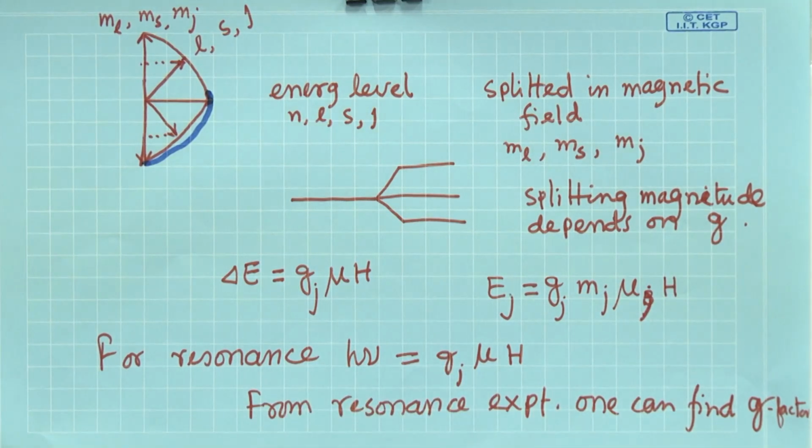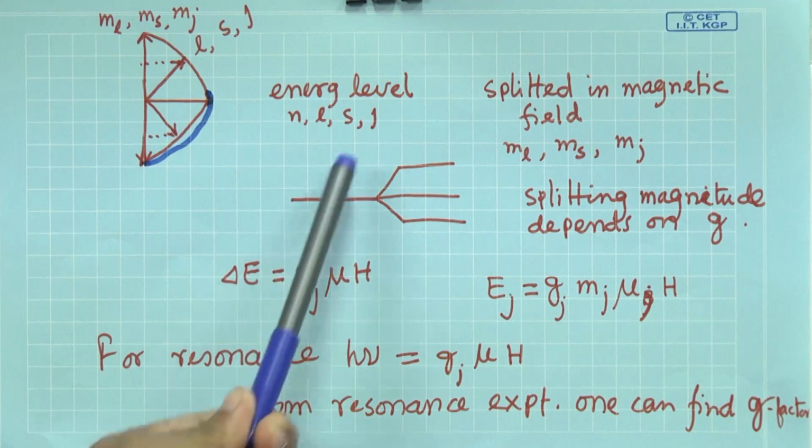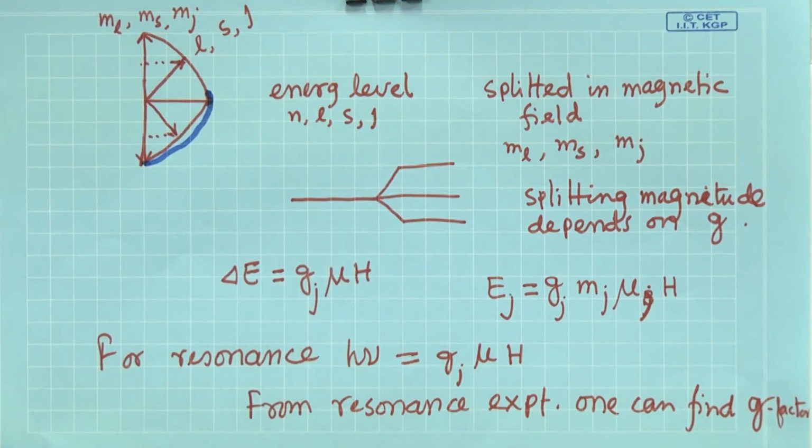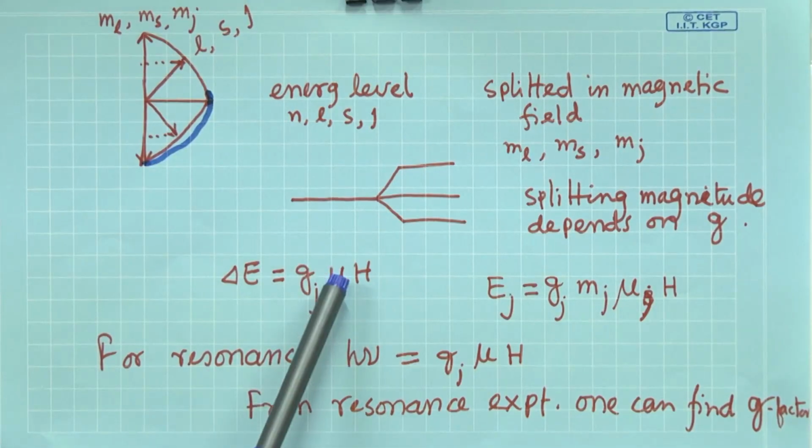Okay. So, now from this picture you can see, if energy levels are split with this Gj mu H, now if you give some external energy, say microwave or radio frequency wave, radiation of radio frequency, the energy will be h nu, where nu is the frequency of this wave.